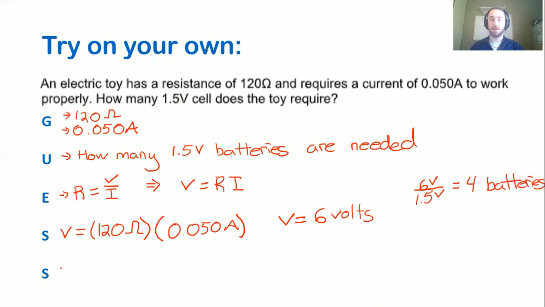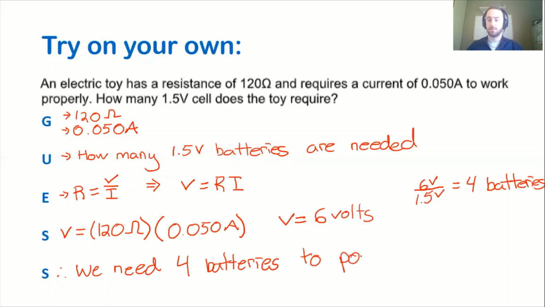So our statement at the end, therefore, we need 4 batteries to power the toy. And that's it. So these questions are very similar, like I said, to our current questions as well as our voltage questions. All we have now is a different formula, but the process remains the same.